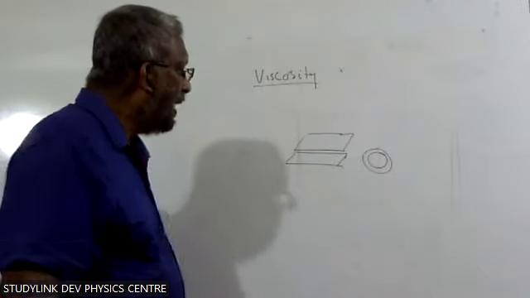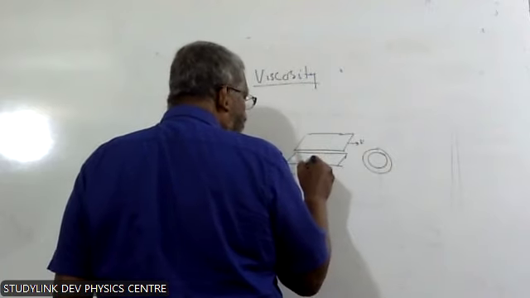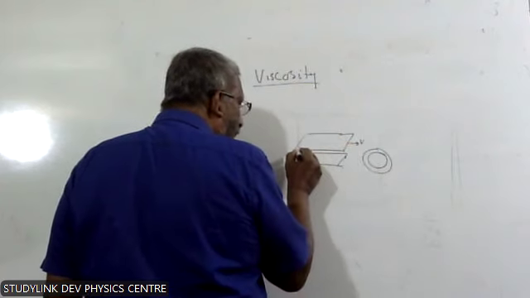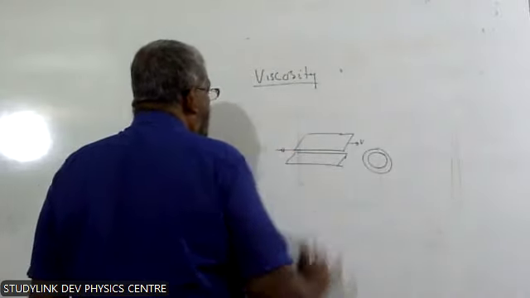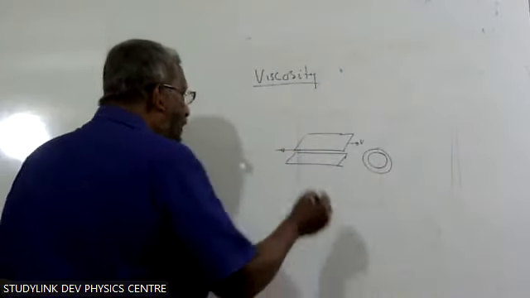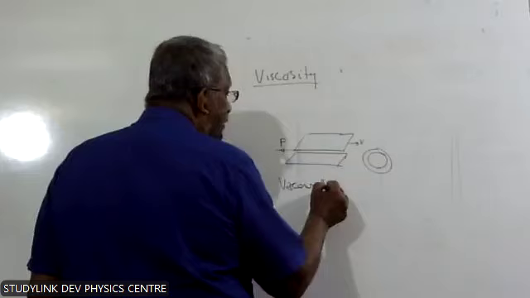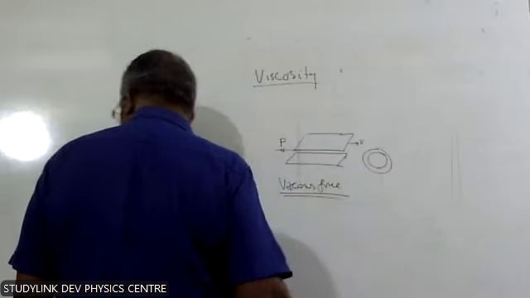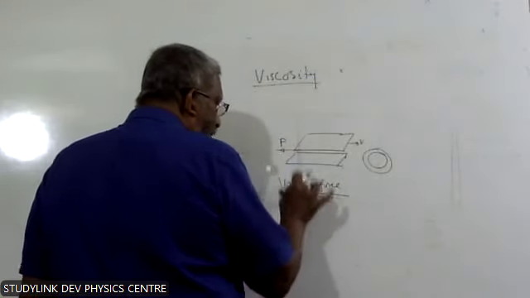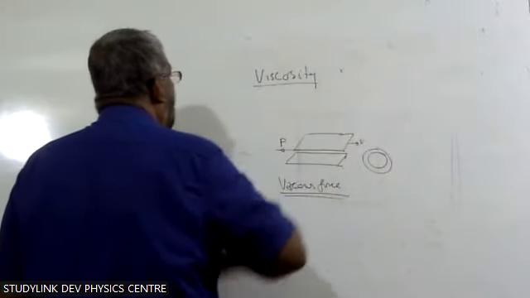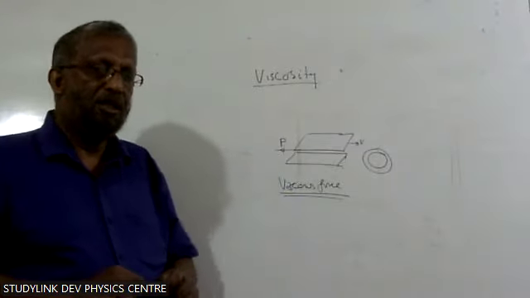When this is moving with a certain velocity, against the motion or flow of the liquid, there is a friction that occurs between the layers. This liquid friction is called viscous force. We study about the liquid which has liquid friction under this section.